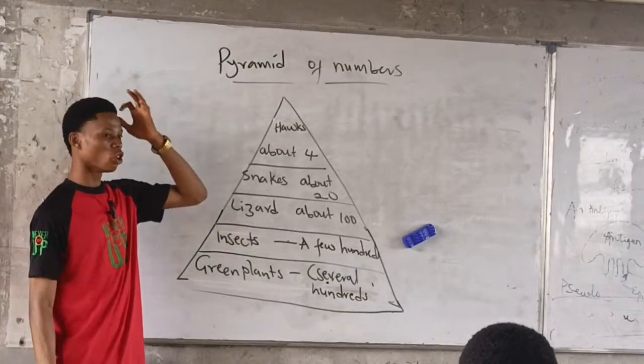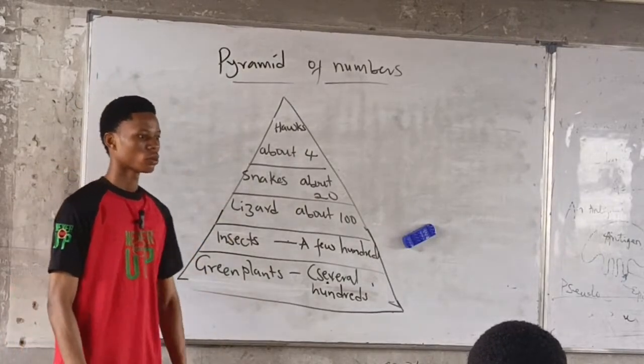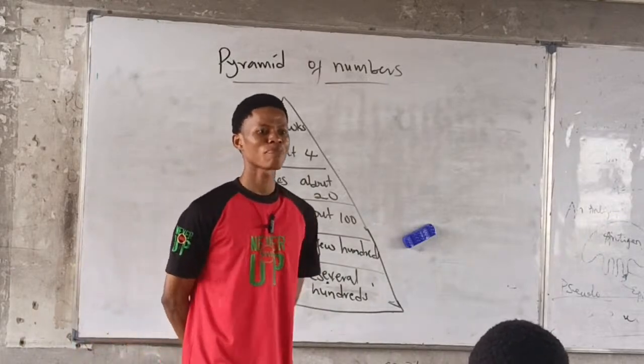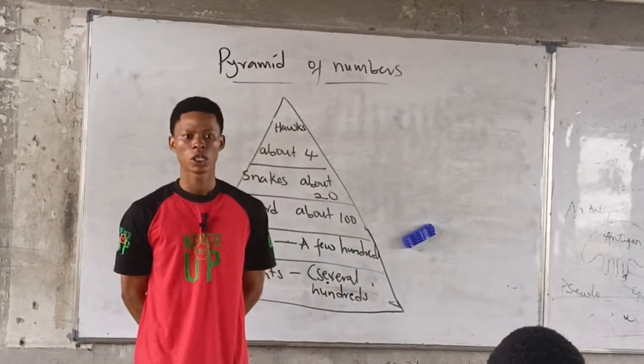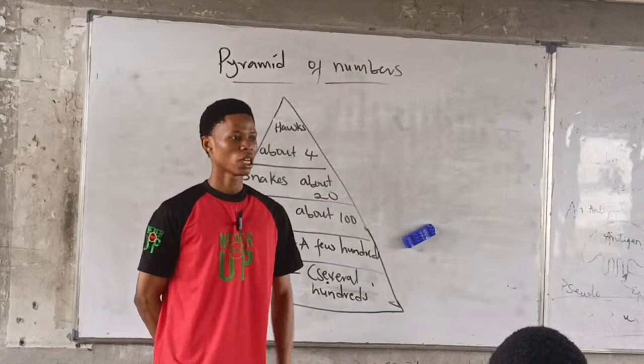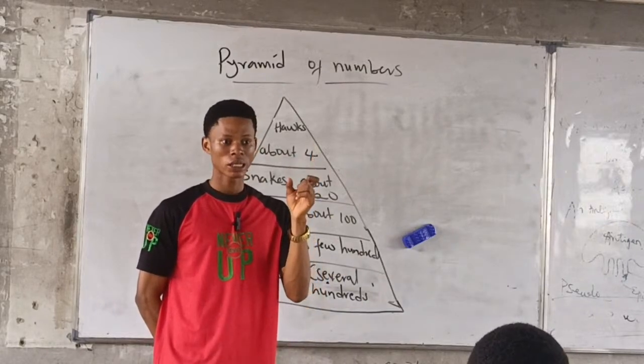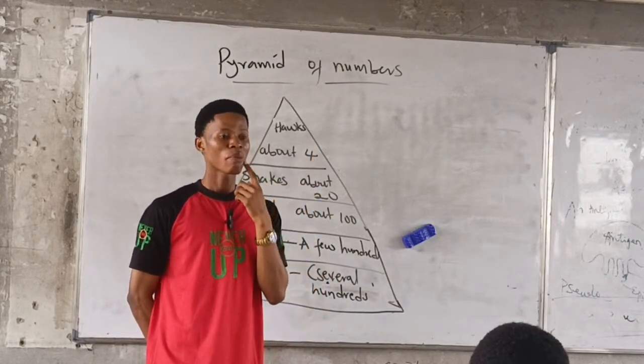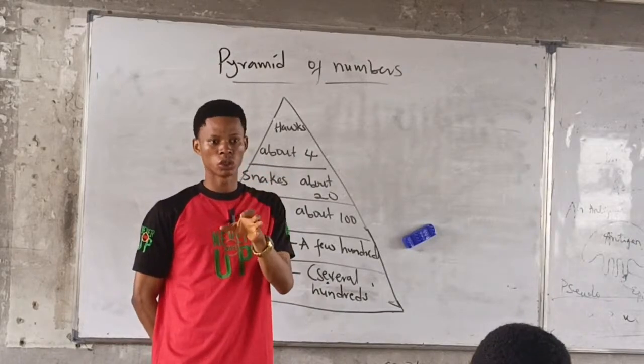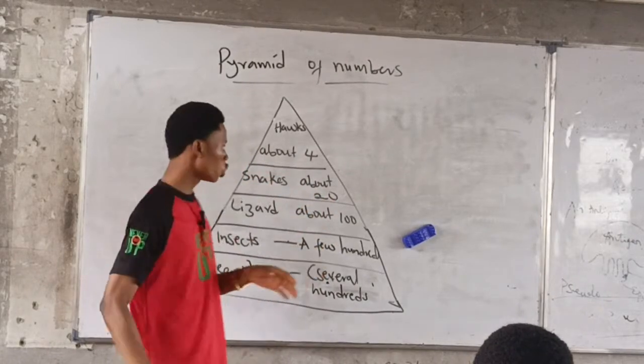Now, pyramid of numbers. We said pyramid of numbers, we are talking about the number of organisms in each trophic level, right? Remember that trophic level is the position of an organism in a food chain.